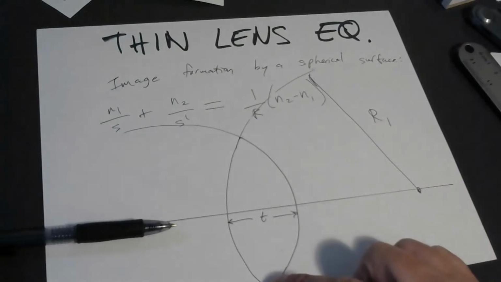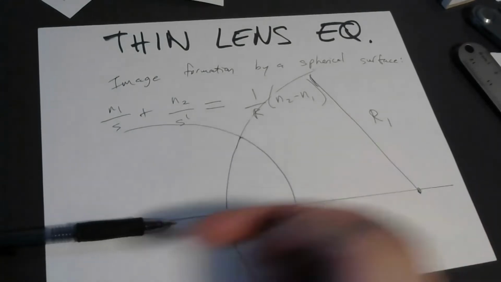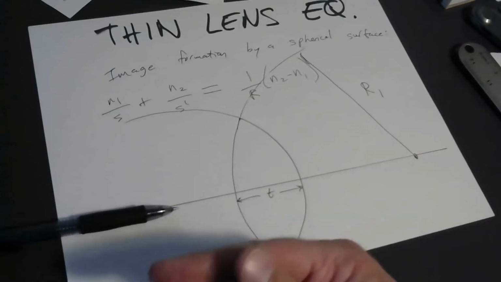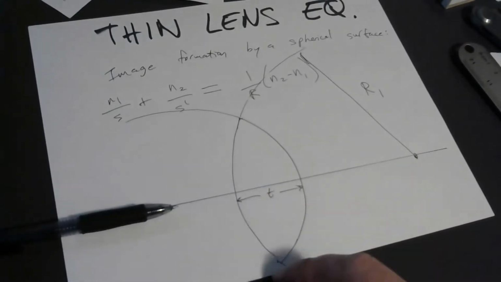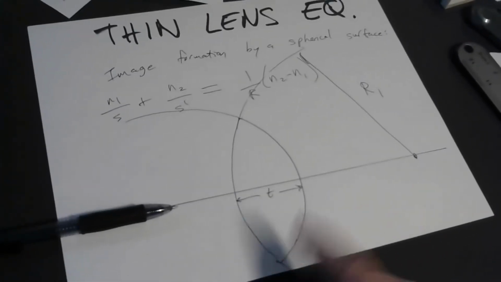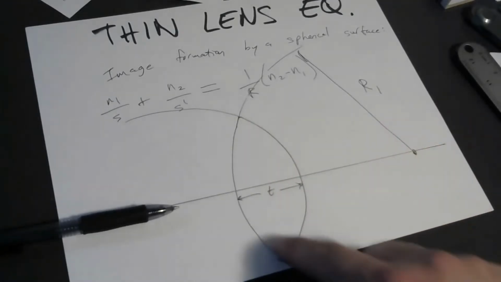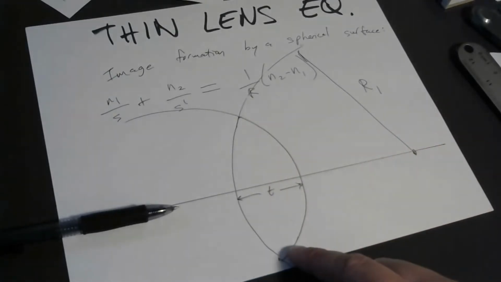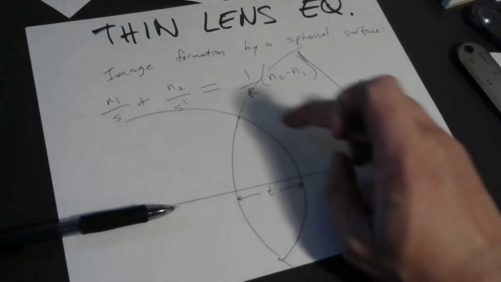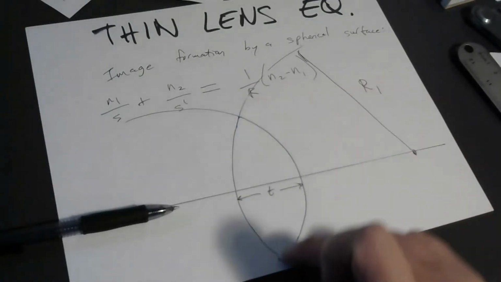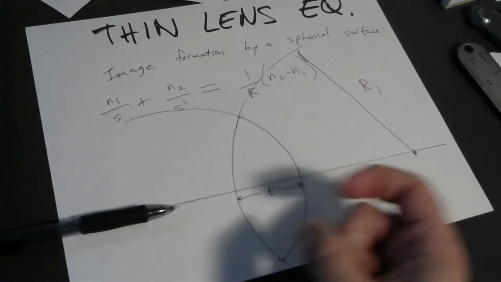This face of the lens is convex towards the object, and that means that we have to use a positive number. R is considered to be positive if the curved face, the spherical surface, is convex towards the object. This face is actually concave towards the object.